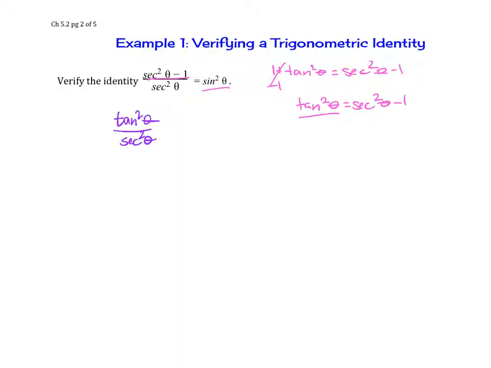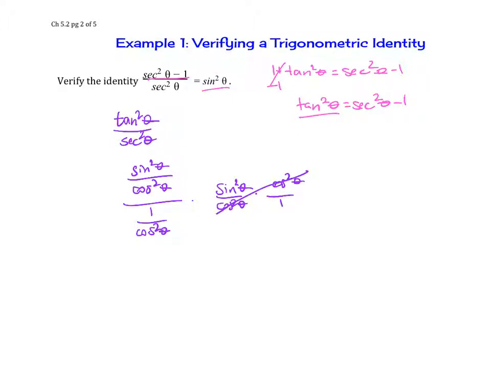Then maybe I can change this tangent squared of theta to sine squared of theta over cosine squared of theta, and secant squared is 1 over cosine squared of theta. Then I'm going to multiply by the reciprocal: sine squared of theta over cosine squared of theta, times cosine squared of theta over 1. Notice that cosine squared of theta cancels out, so we have sine squared of theta, and it does match our beginning identity.